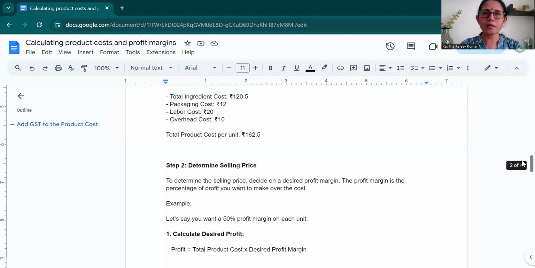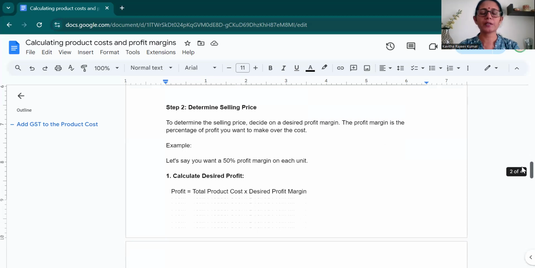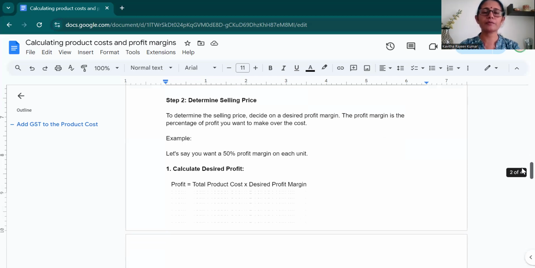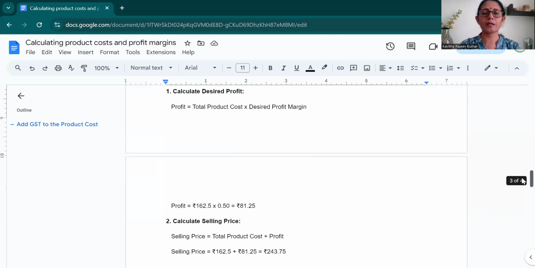So first you decide what is going to be your profit margin, and based on that you have to calculate the selling price. Say for example, if you choose 50 percentage profit margin on each unit, then the profit will be total product cost, we calculated earlier, right? Total product cost into 50 percentage, which is your desired profit margin.